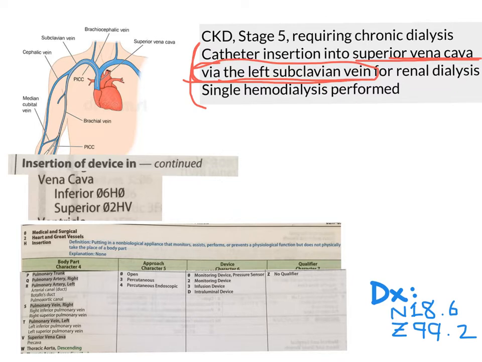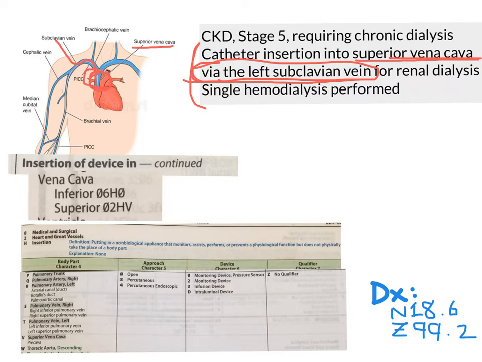So here they're telling us they are inserting the catheter into the superior vena cava via the subclavian vein. So they're entering here and tunneling down into the superior vena cava. Because this is the furthest point of insertion, that's where we code.